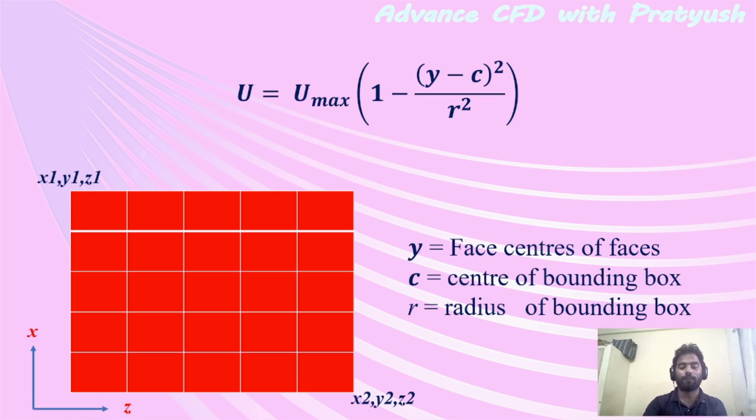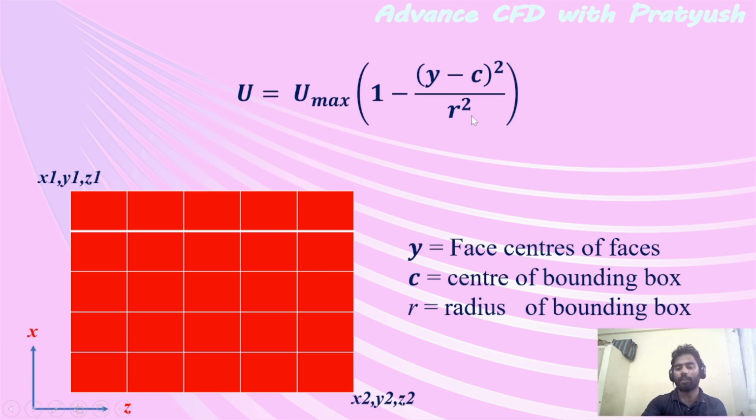Now these face centers will be a vector field, a vector field of the centers of the different faces or patches on the given screen. And this c, that is the center of the bounding box, will be the maximum box minus the minimum box. That will also be a vector field. Before doing the squaring of this quantity, we need to take a dot product with some vector quantity whose magnitude will be unity.